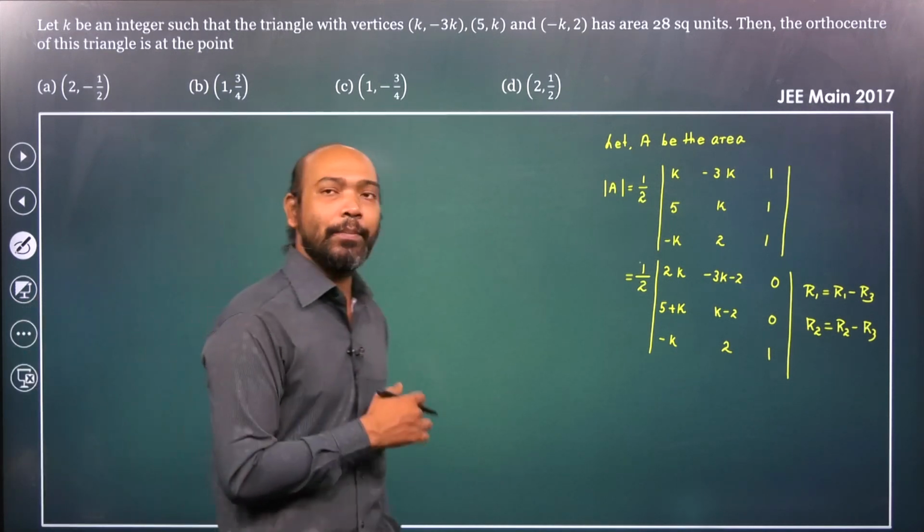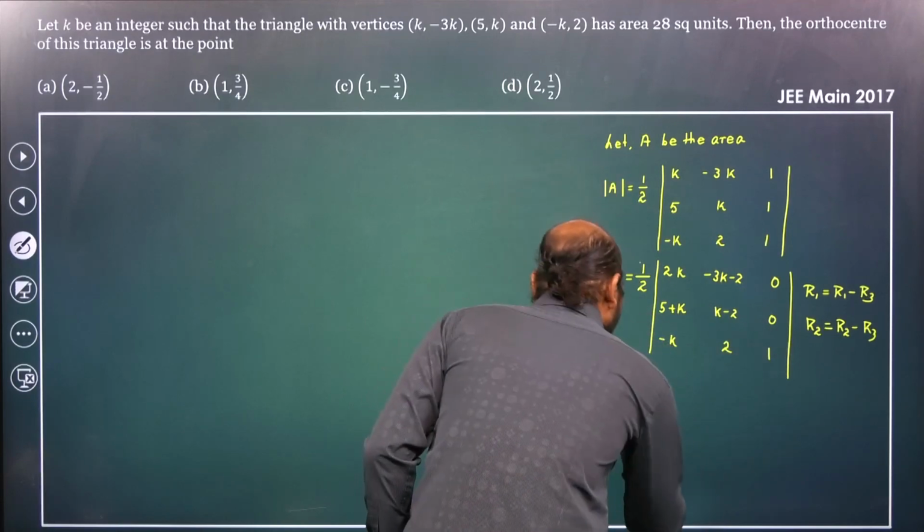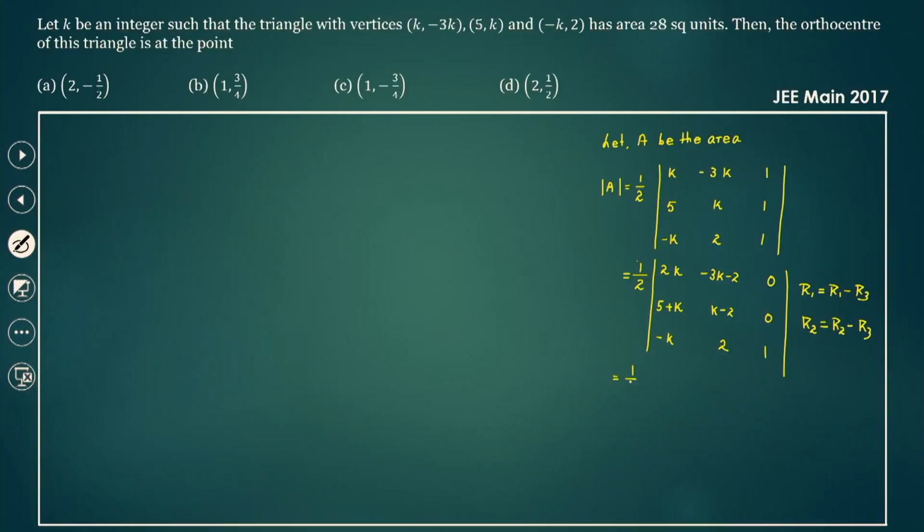Now we are able to expand it with respect to the third column. So therefore, we'll get 1 by 2, minus 1 whole to the power 3 plus 3, multiplied by 2k multiplied by k minus 2, plus 3k plus 2 multiplied by 5 plus k.